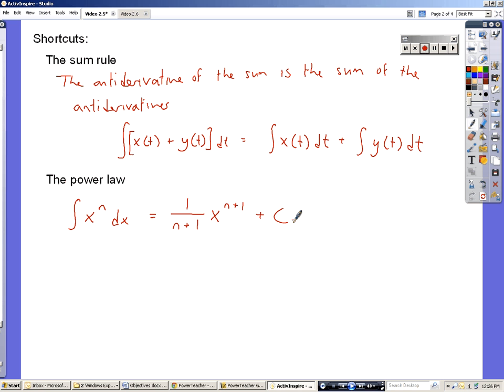Always got to have that plus c. And this applies to any value of n except for n equals -1.